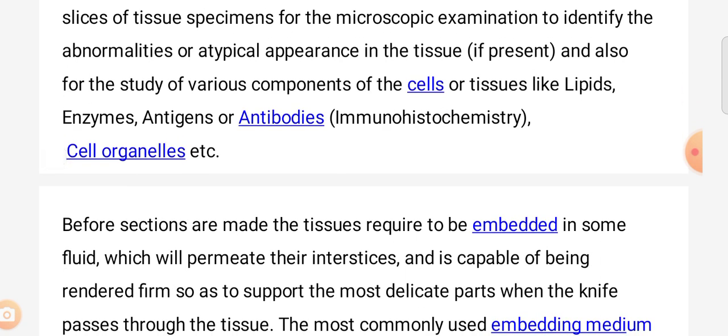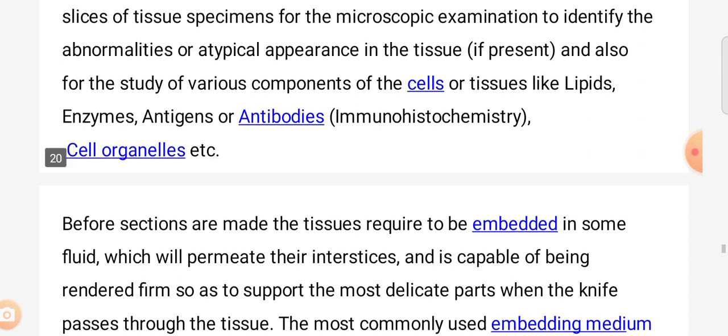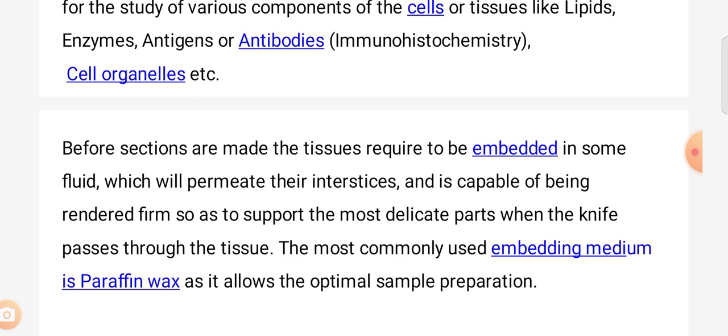Before sectioning, the tissues must be embedded in some fluid which permeates the tissues and is capable of being rendered solid, so as to support the most delicate parts as the knife passes through the tissue.